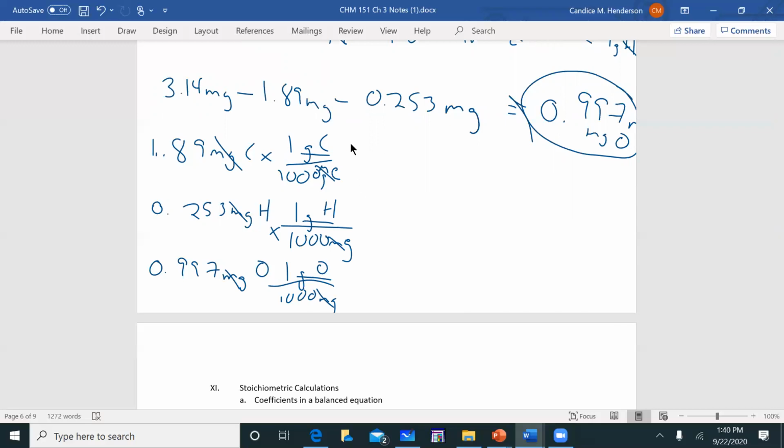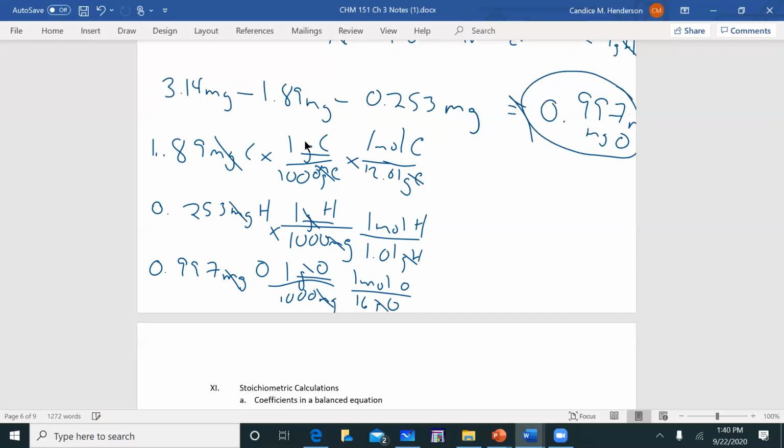We just take these and we divide them by their molar mass. So 1 mole of carbon for every 12.01 grams of carbon, 1 mole of hydrogen for every 1.01 grams of hydrogen, and 1 mole of oxygen for every 16 grams of oxygen.